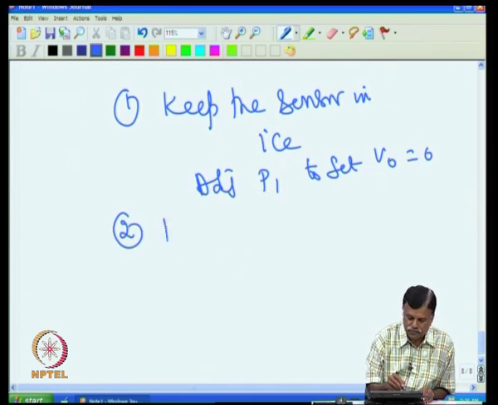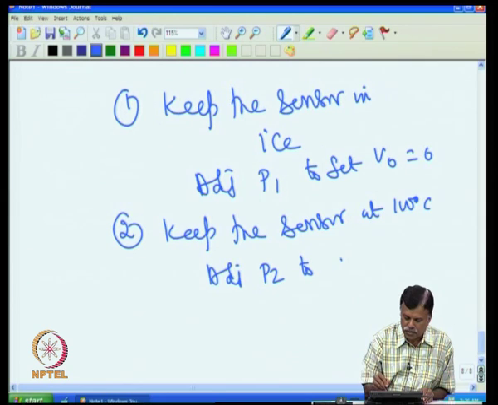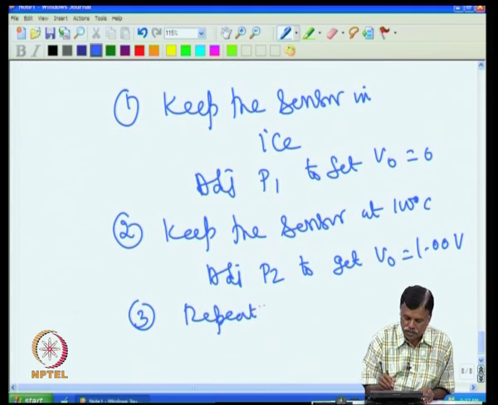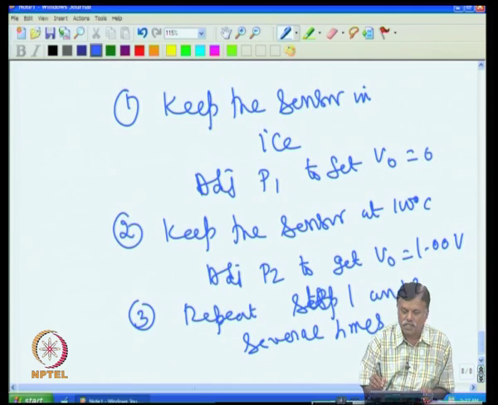Then keep the sensor at 100 degree C, adjust P2 to get output as 1 volt. Then repeat steps 1 and 2 several times. That is how it is calibrated.